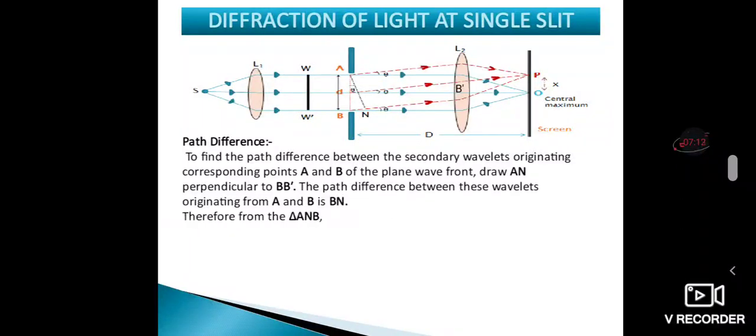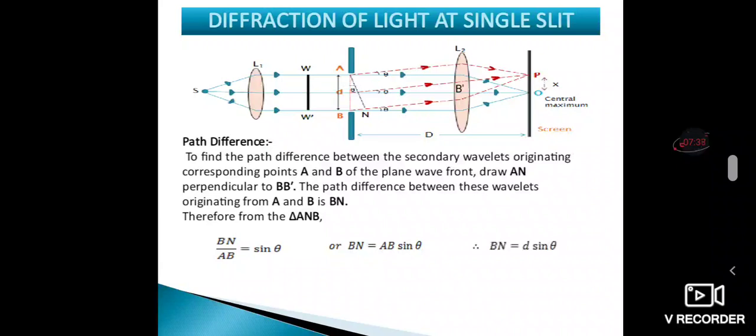Therefore from the triangle ANB, just observe the triangle ANB in the diagram, BN divided by AB gives you sin theta, because it is the opposite side divided by the hypotenuse. So BN, our path difference, is equal to AB sin theta.